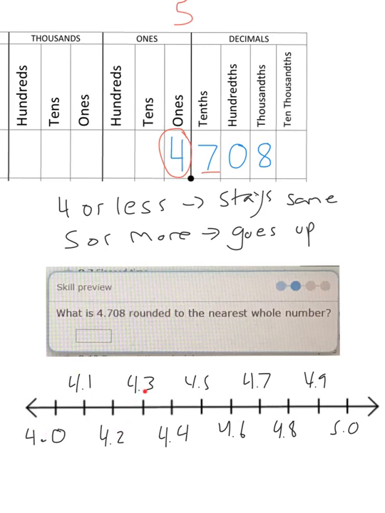But there's no need to write in all the little bits. I've just written in the tenths. So for our number, 4 and 708 thousandths is kind of somewhere in here. So physically, it is obviously closer to whole number 5. So that reinforces our answer up here of whole number 5.